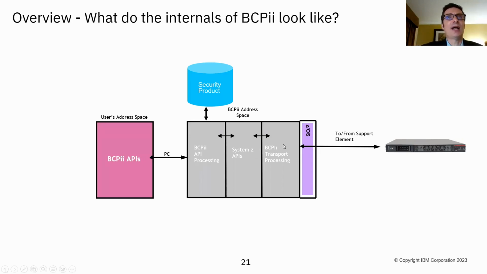So once we've massaged that data and gotten it into a format that the support element can recognize, we then will issue this hardware machine instruction. It will actually flow over to the support element, and the support element will receive that request. If it's on a Z14, they're going to do additional security checking to make sure that this request coming from this LPAR can access the thing that you're trying to access. And then at that point, the request will be satisfied.